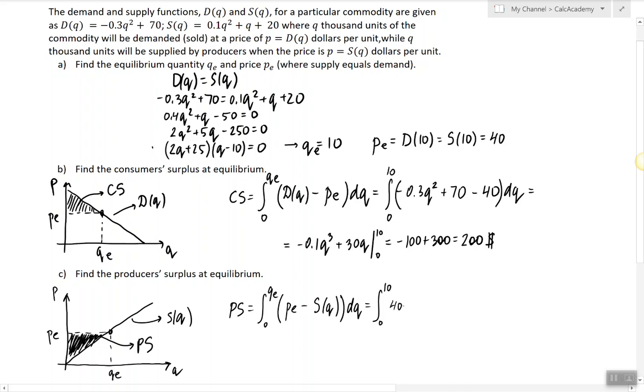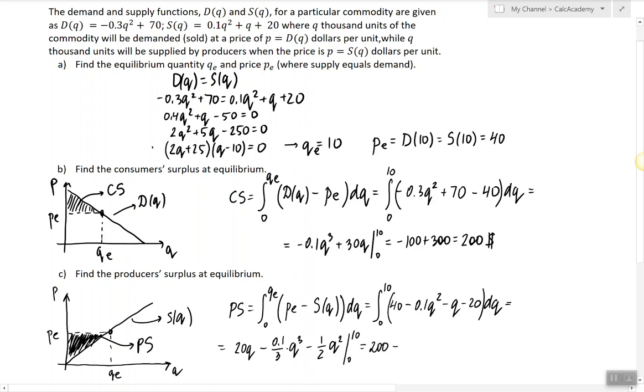PE is 40 minus 0.1 q squared minus q minus 20 dq, and this integral is 20q minus 0.1 over 3 q cubed minus 1/2 q squared from 0 to 10.